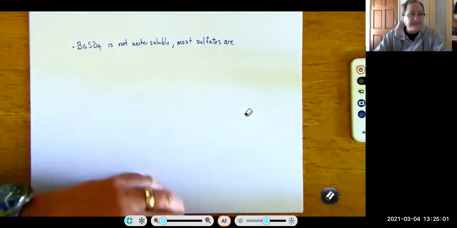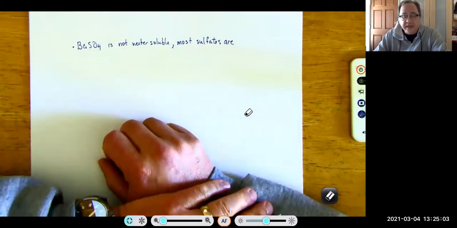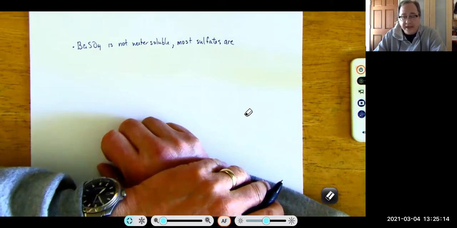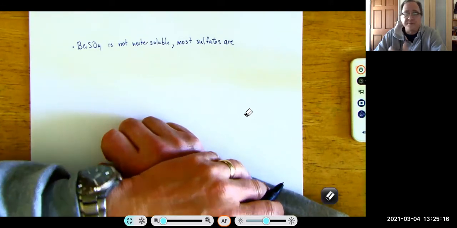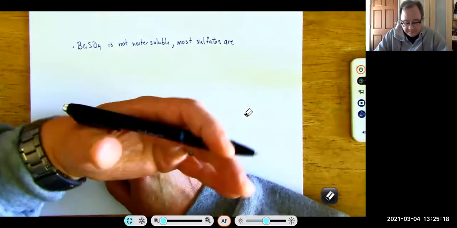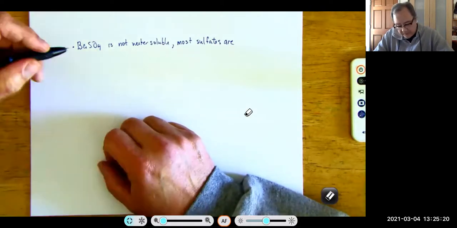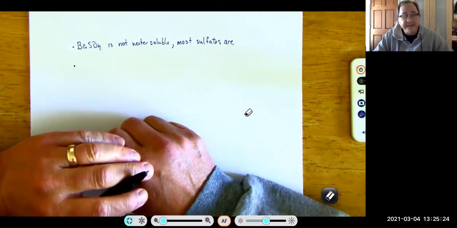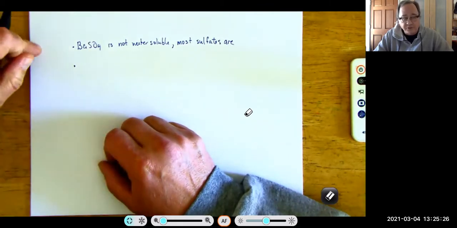So what that means is that in this reaction, it's very unlikely that any other sulfates are going to precipitate. So you can't get a precipitate of a copper sulfate or something else like that if you happen to have some impurity. So that's one of the nice things about barium sulfate, that it is not water soluble while most sulfates are.